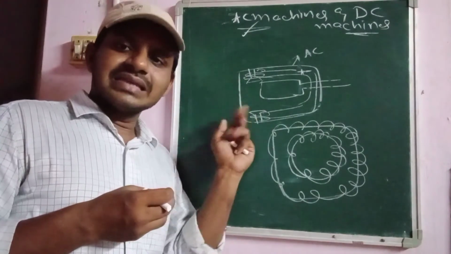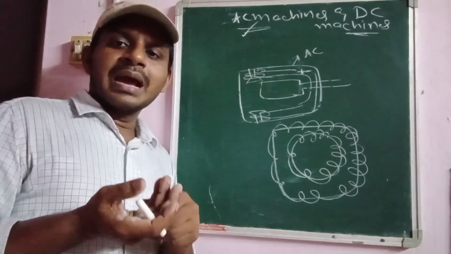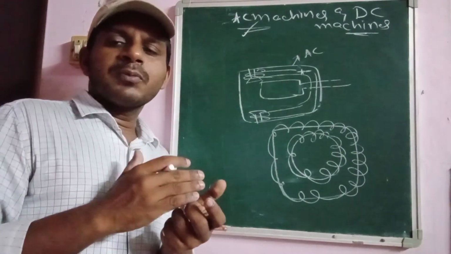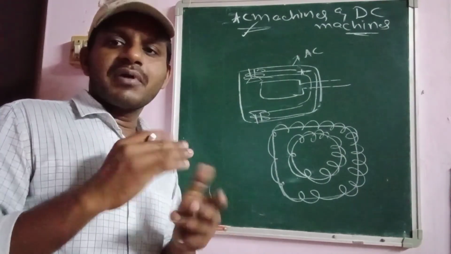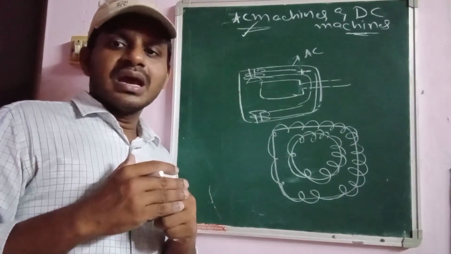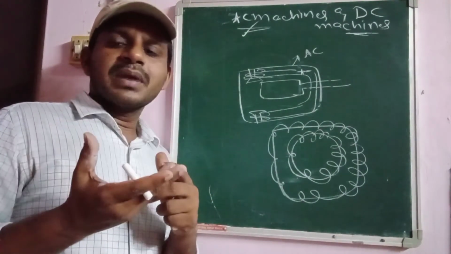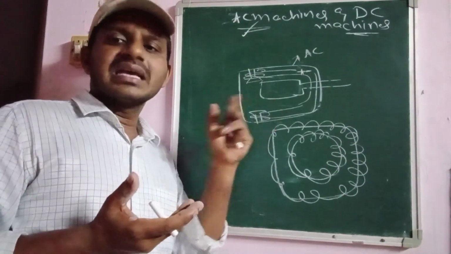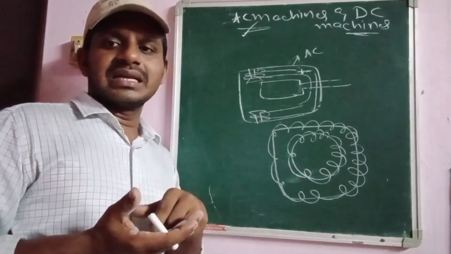If it is an AC generator, the output comes as AC current. So there is no need to convert it with any converting devices, and hence no need for commutator segments in AC machines, that is, AC generators, synchronous generators or induction generators.